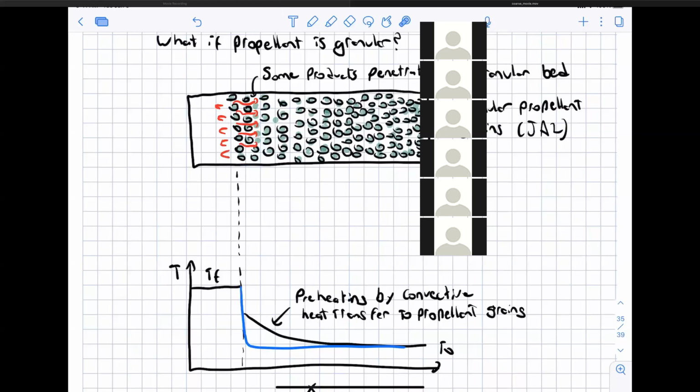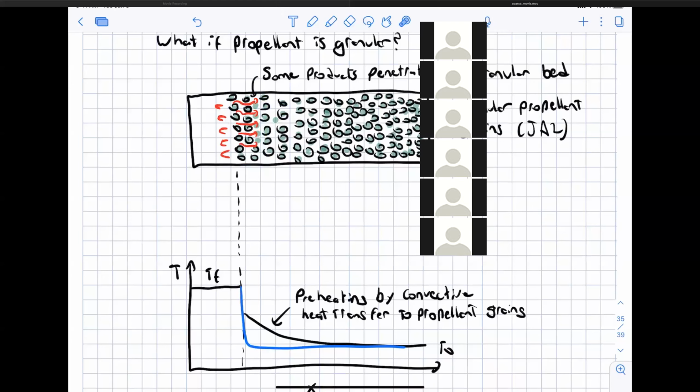Basically, there is heat conduction from the high temperature products transferring thermal energy to the cold reactants, and that is what's heating them up. If you were to kill that and have no heat conduction, you have no flame. It just sits there and does nothing.